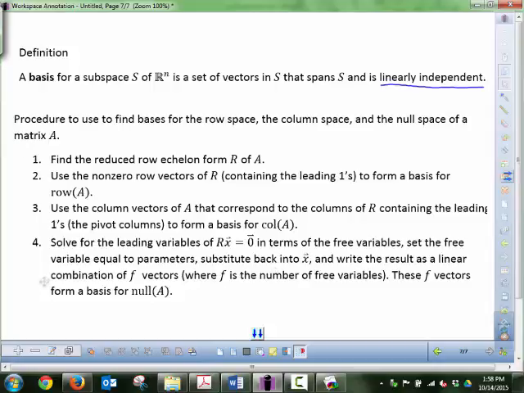So these steps are steps that we already took in our example for that A. We actually found a basis for the row space. We found a basis for the column space, and then we found a basis for the null space.